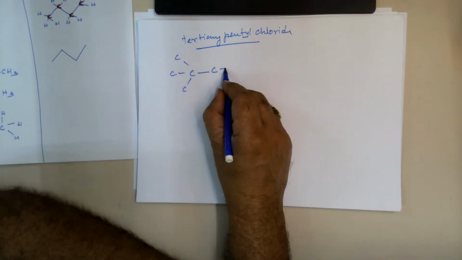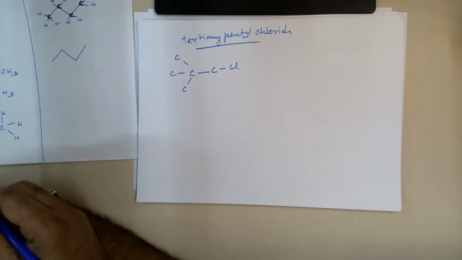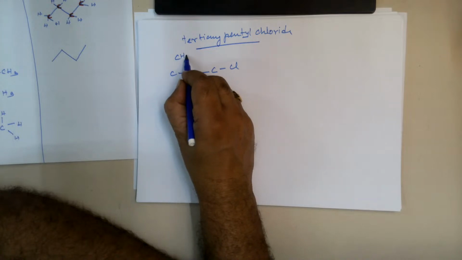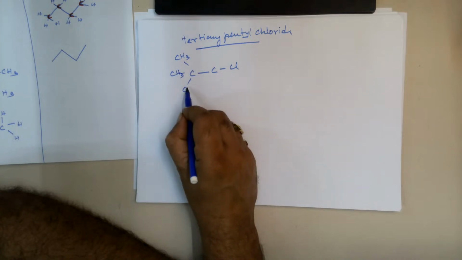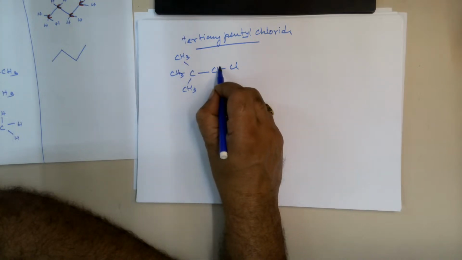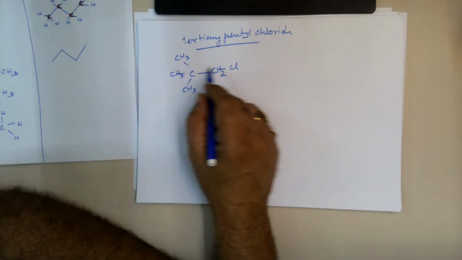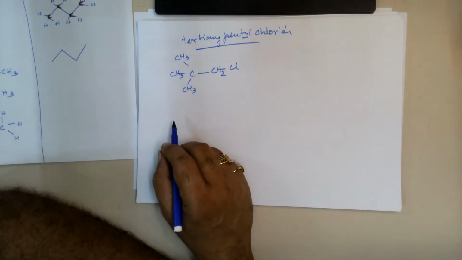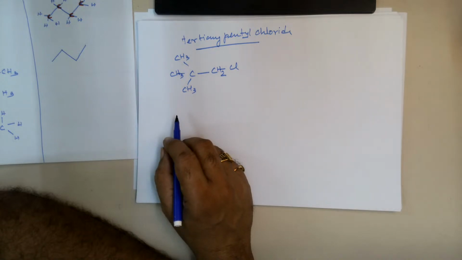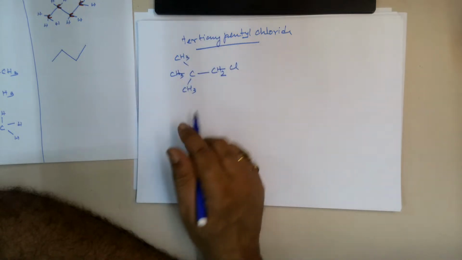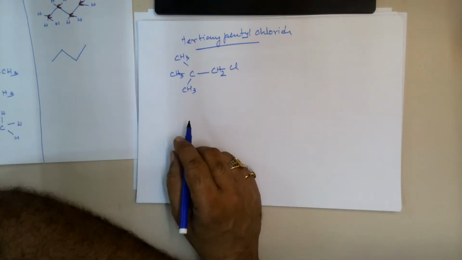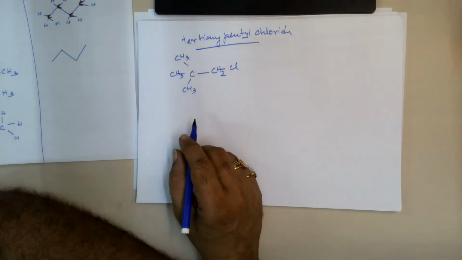Chloride, you can put simply chloride. That's all. So you can fill up with hydrogen. CH3, CH3, CH3, CH2. So this is called tertiary pentyl chloride. Got this? And this is also called neopentyl chloride.